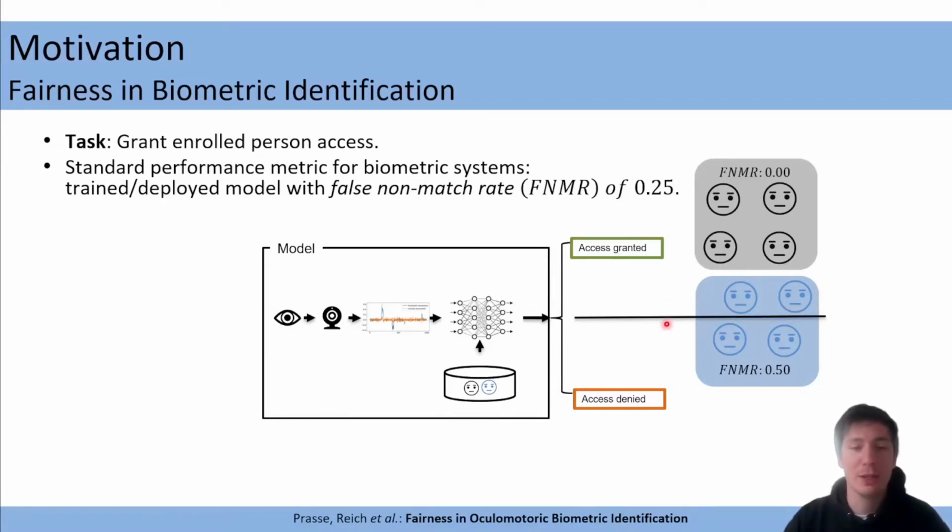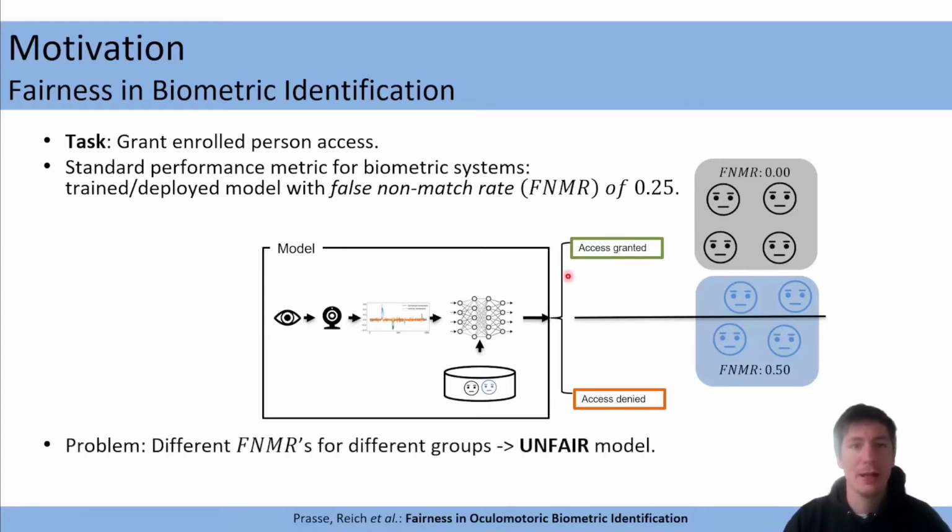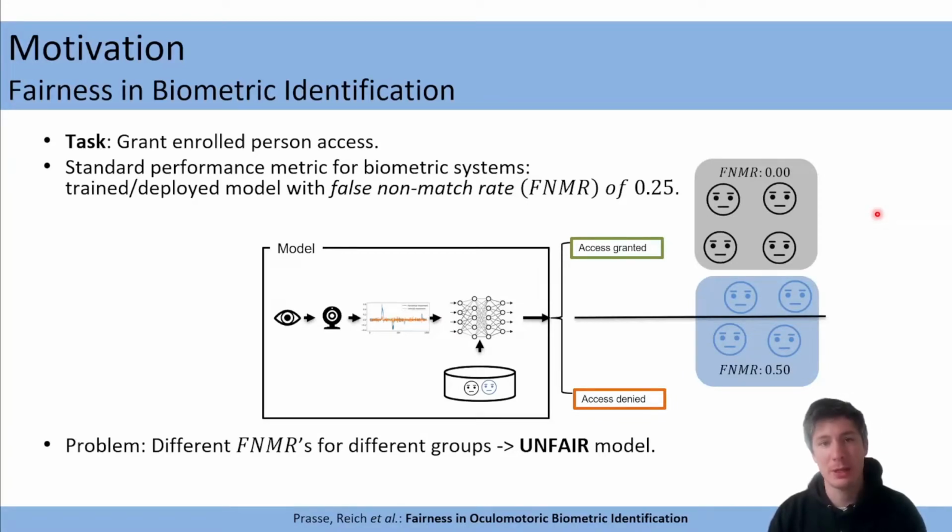A demographic could here be age, gender, or ethnicity. So while overall fulfilling a false non-matching rate of 25%, we see that our model is unfair against the blue demographic. In the following, we now want to study whether state-of-the-art biometric identification models using eye tracking data are unfair with respect to age, gender, or ethnicity.